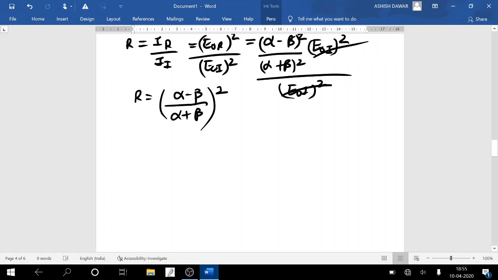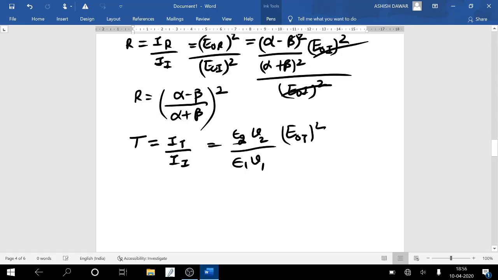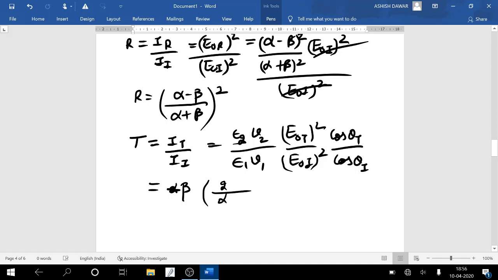Okay, so next the transmission coefficient, that is T. Here T is equal to IT upon II, equal to epsilon 2 V2 upon epsilon 1 V1, E0 T square upon E0 I square, cos theta T upon cos theta I. So it becomes 4 alpha beta upon alpha plus beta whole square, on putting the values of the different quantities.